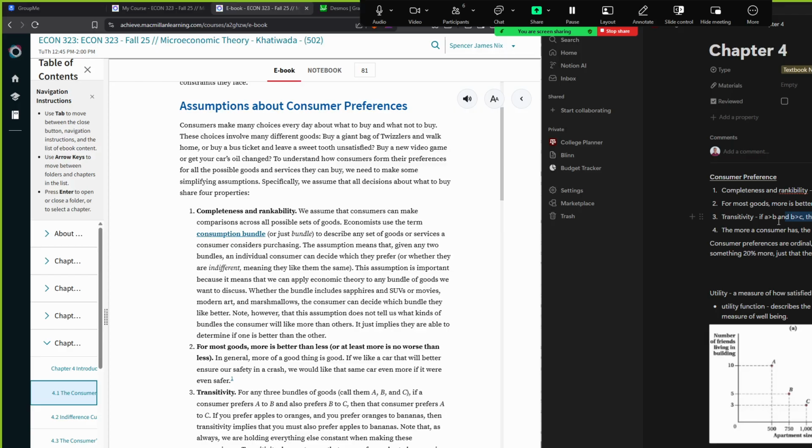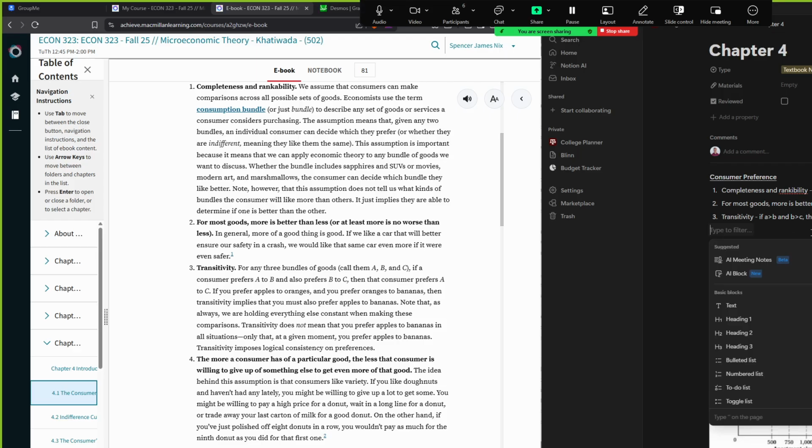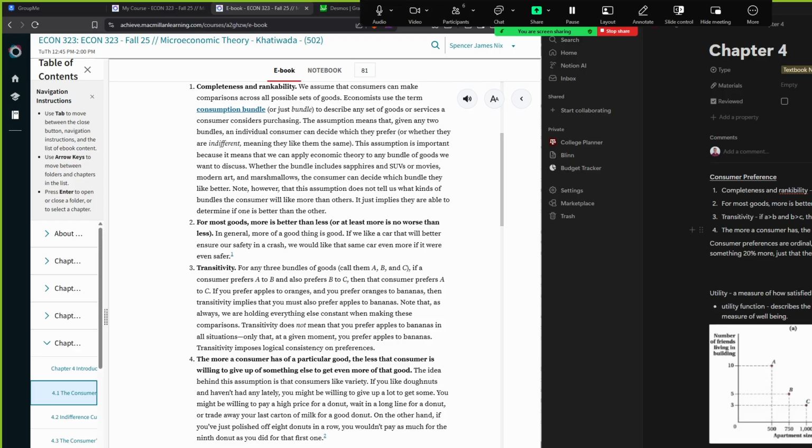This one is more complicated than it needs to be. If A is better than B and B is better than C, then A is better than C. That just kind of makes sense.